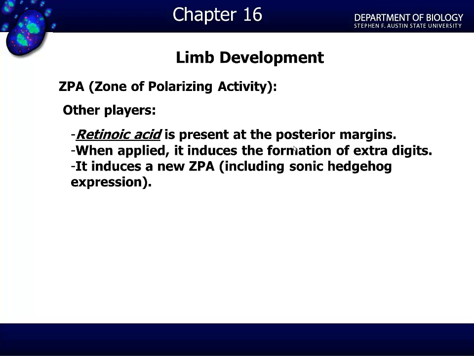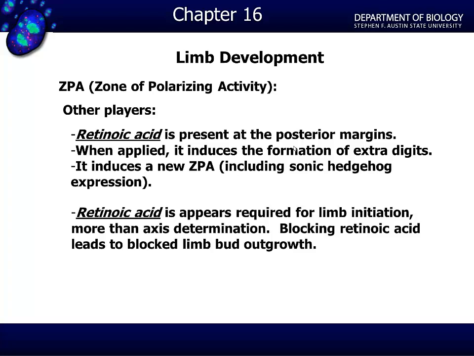One of the earliest morphogens that we looked at and really began to understand its role in pattern formation is retinoic acid. Now, retinoic acid is in the ZPA, and we do see that it can induce the formation of extra digits.